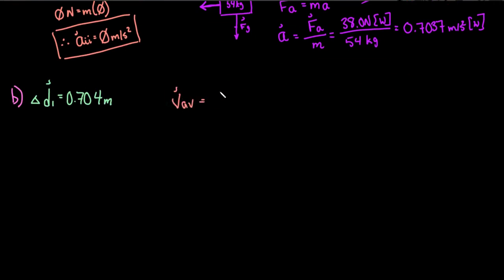So we can say that the average velocity is equal to the displacement over that second portion divided by the time, right? And then we can rearrange to say that the displacement over that second portion is going to be this constant velocity that he's traveling at multiplied by the time that he is traveling at that constant velocity.